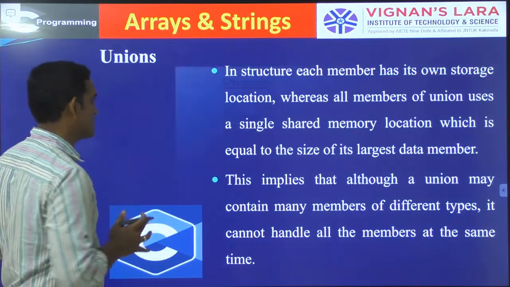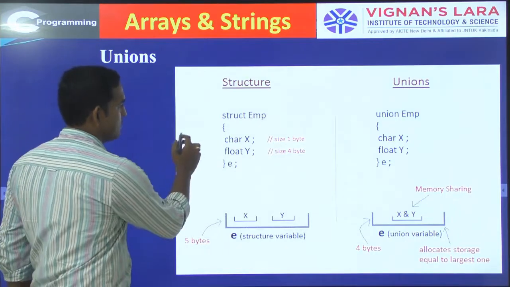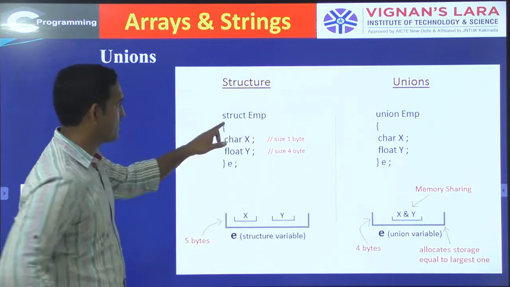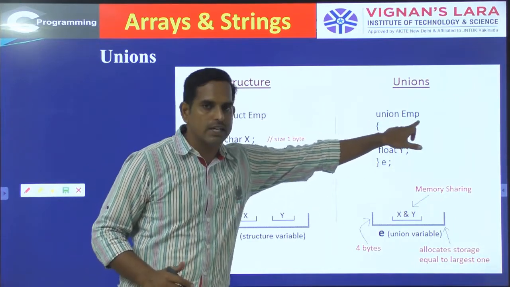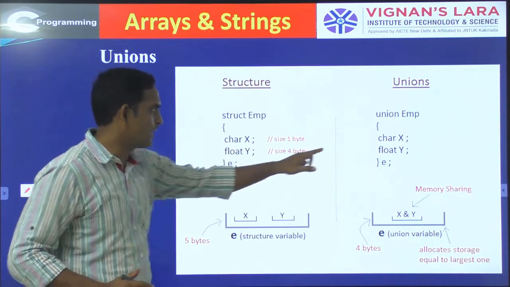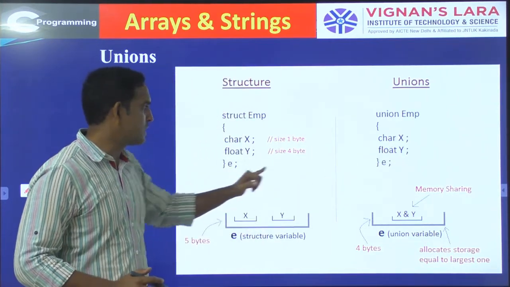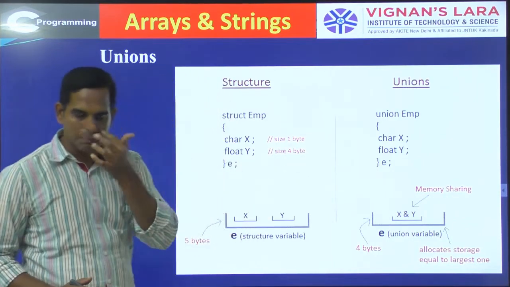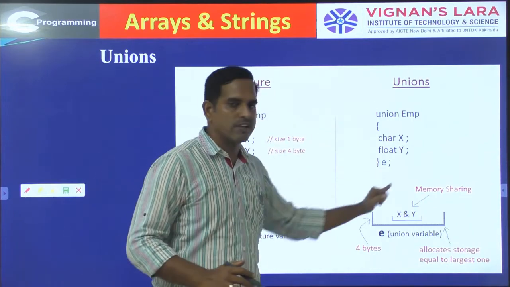So if you see an example regarding this, a structure will be declared in this manner where you will be having struct EMP, and a union will be declared in this manner, union EMP, and you will be having members char x, float y in both. You are creating a variable E in each, so you are creating one structure variable and one union variable.